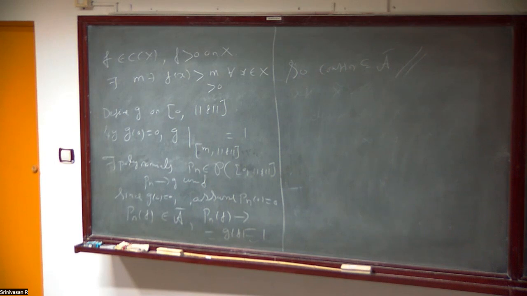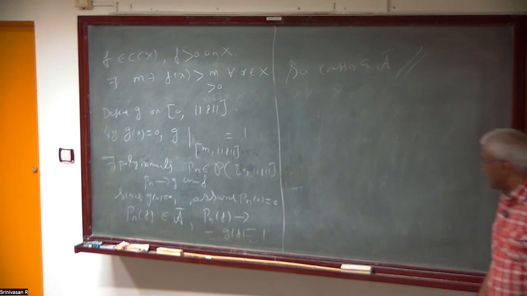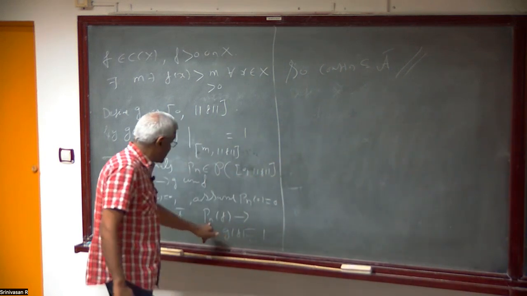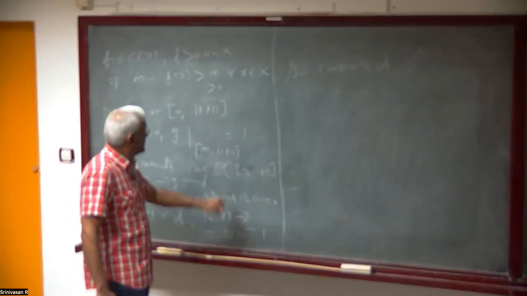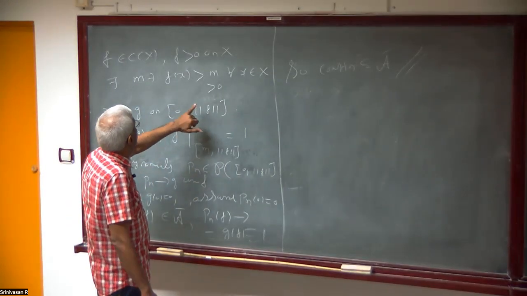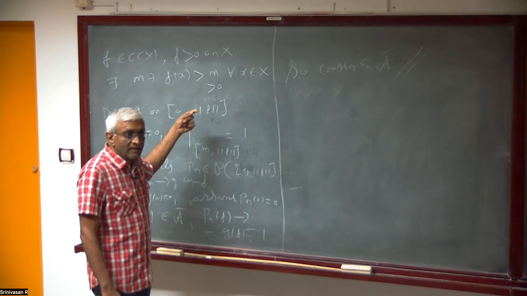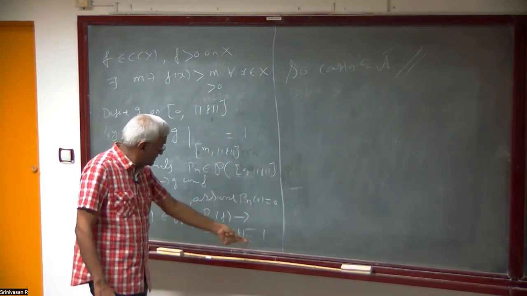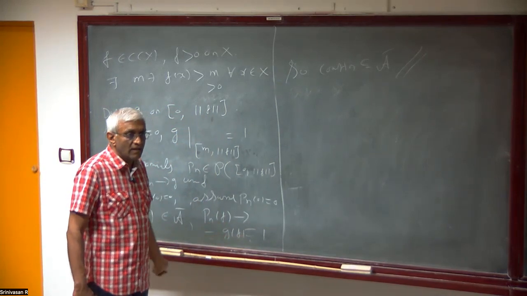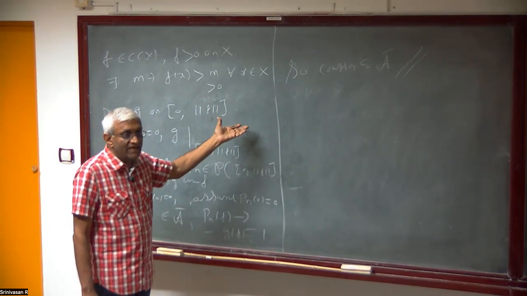Instead of going through all the details, I'm saying that Pn of f will converge to g of f, if the range of f is between m and norm f. There g is 1, so g of f should be 1. We have defined it like that.